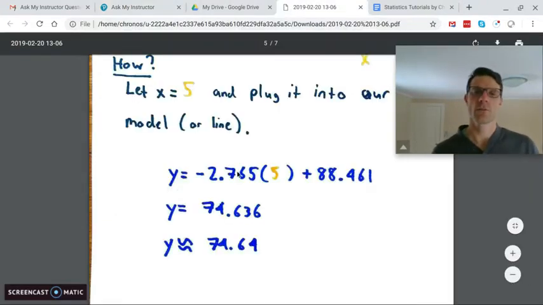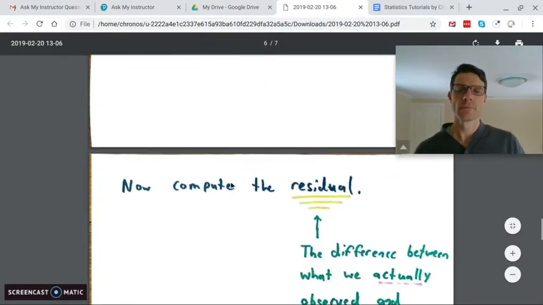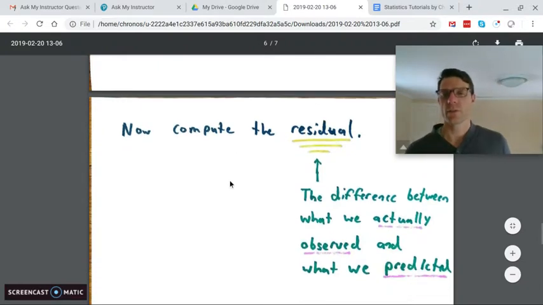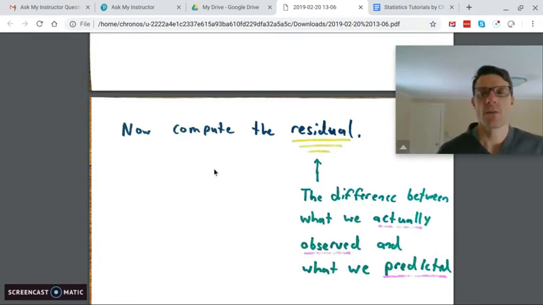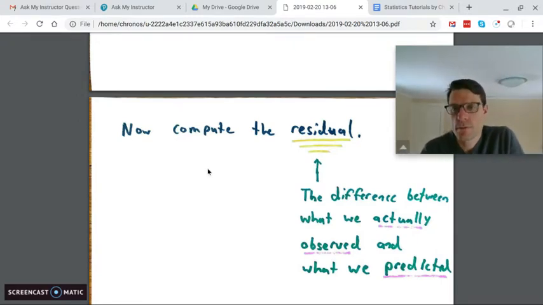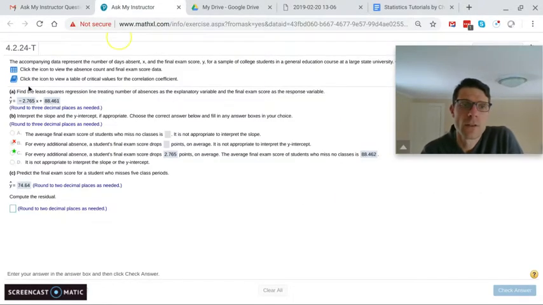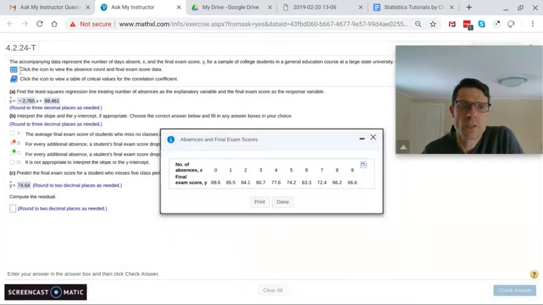Now, what's the residual? The residual is the difference of the observed value at 5 and what we predicted to be at 5. Remember, we have actual data, and in fact, we even have a data point where somebody missed 5 times.